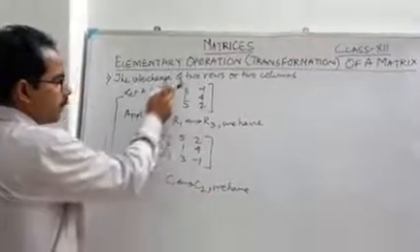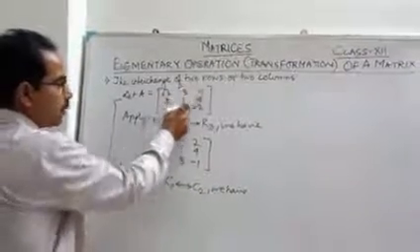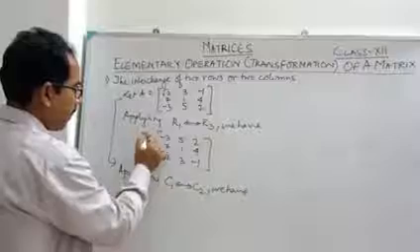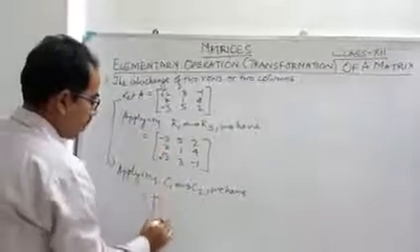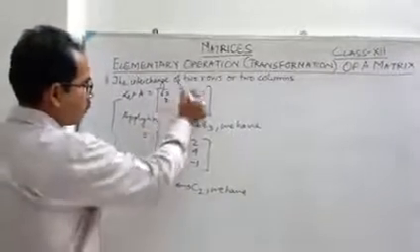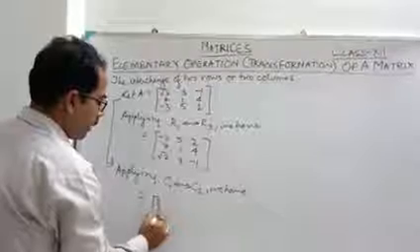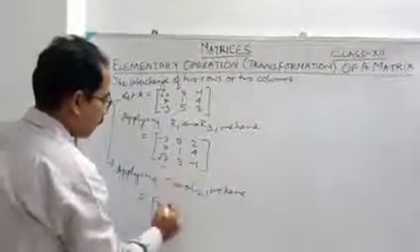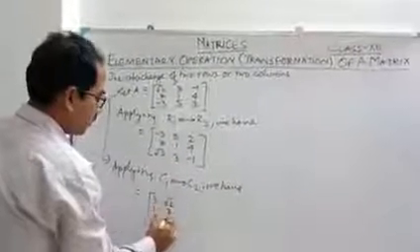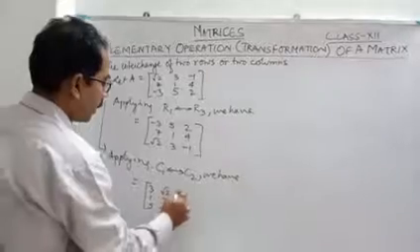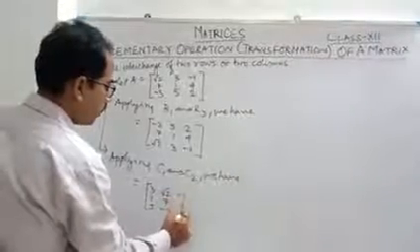Column 1 is which one? This one is column 1 and this is column 2. So column 1 is changed to column 2. That means here 3, 1, 5 and there root 2, 7, minus 3. And here column 3 will have no change.